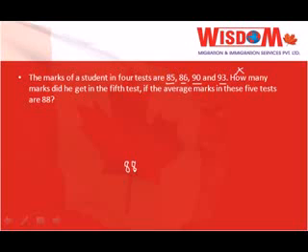Now the deviation given by 85 from 88 is negative of 3. The deviation given by 86 from 88 is 86 minus 88, which is negative of 2. The deviation given by 90 from 88 is a positive of 2.